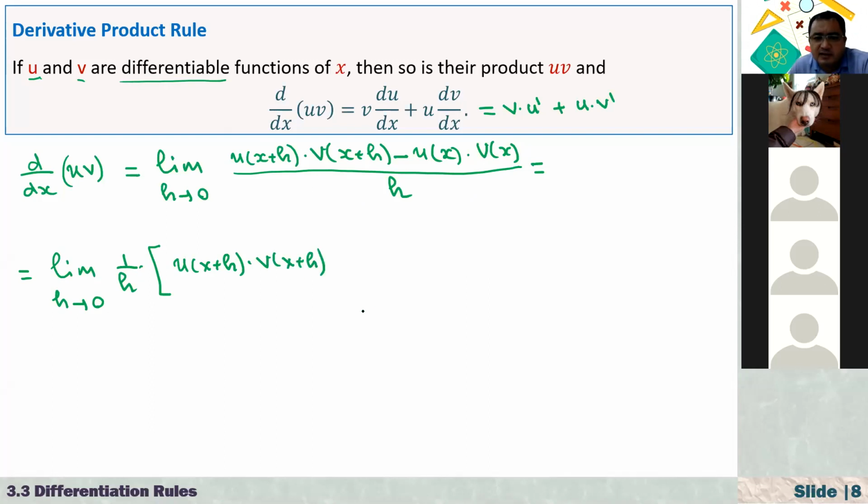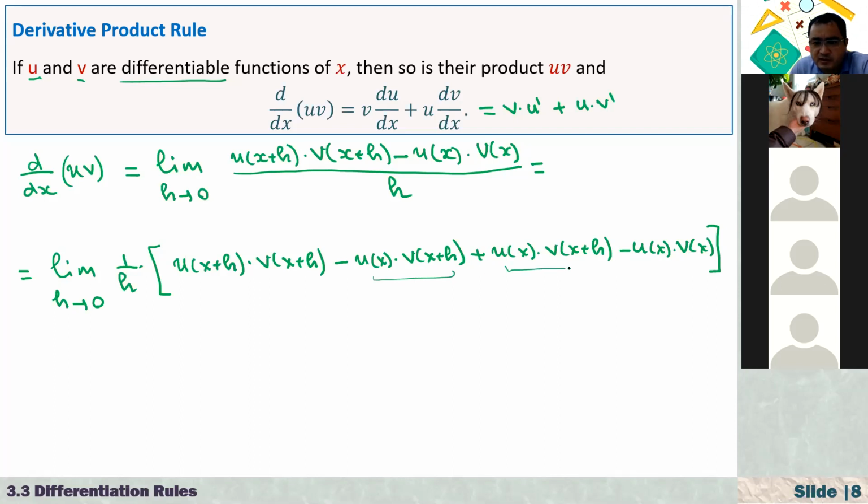I just add and subtract something so that it gives us the derivative of u and the derivative of v. I add and subtract u of x times v of x plus h, and still have minus u of x times v of x. It's just a very simple algebraic manipulation.